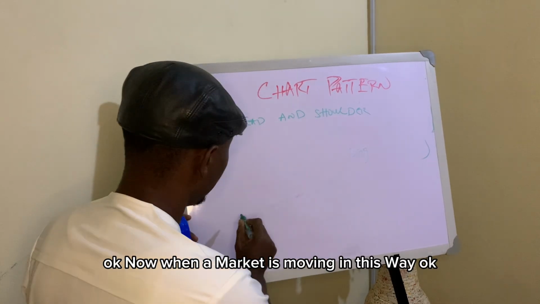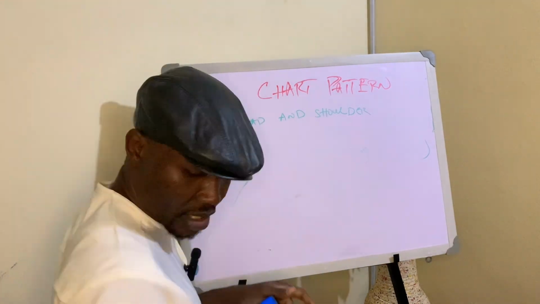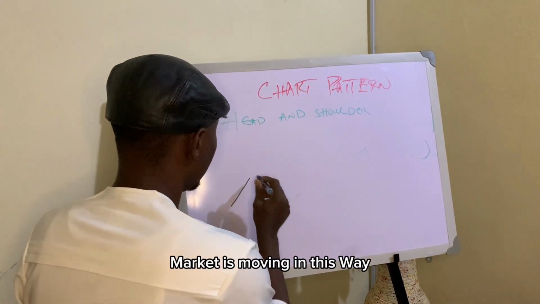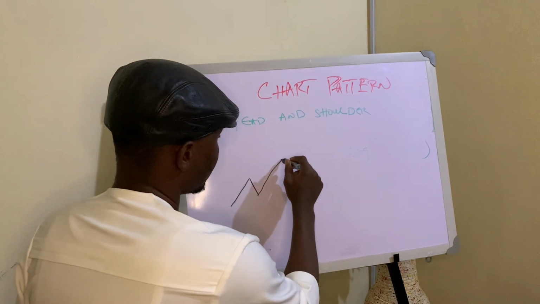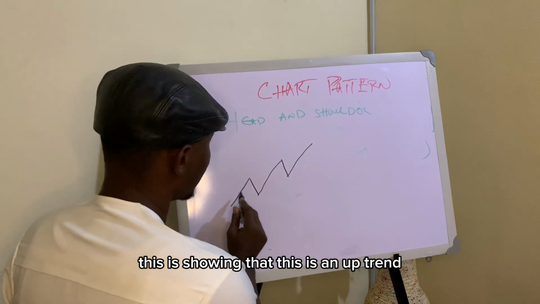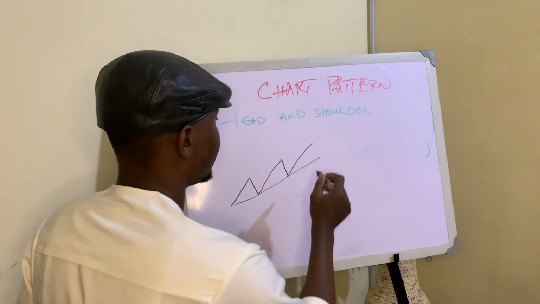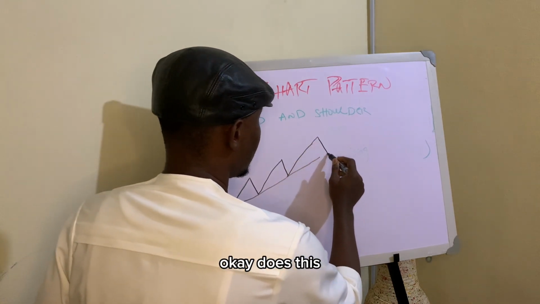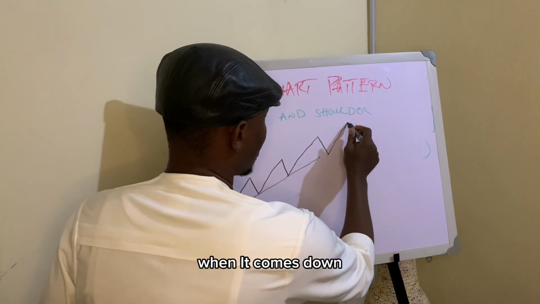Now, when a market is moving in this way, making higher highs, you can see this is showing that this is an uptrend. It makes another high, comes down.